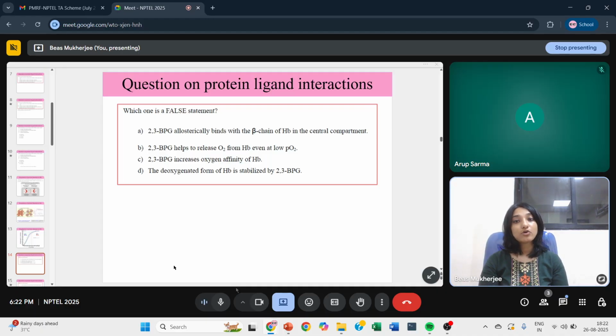C says 2,3-BPG increases the affinity of oxygen of hemoglobin, and D says the deoxygenated form of hemoglobin is stabilized by 2,3-BPG. So which one do you think is the right answer? Which statement is false?